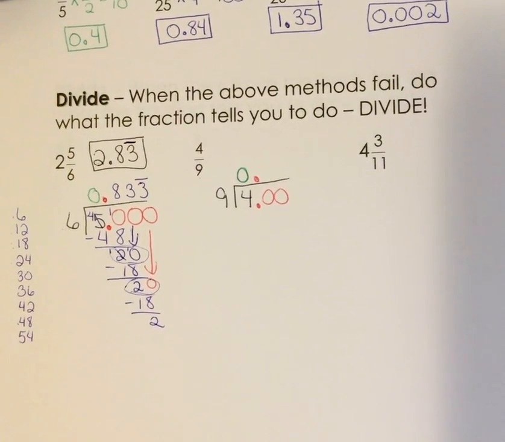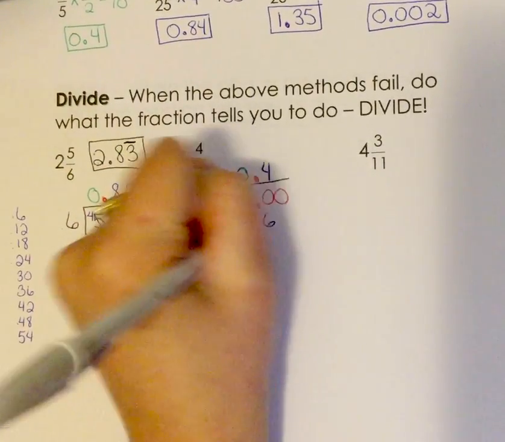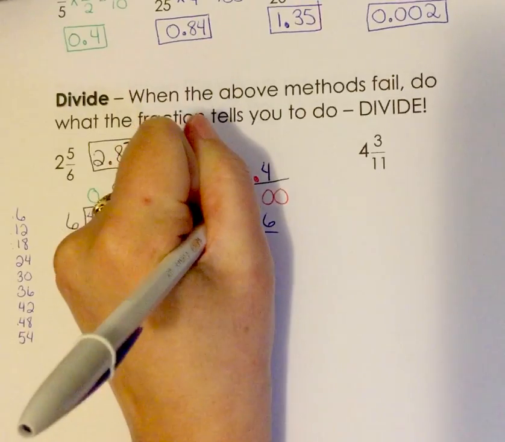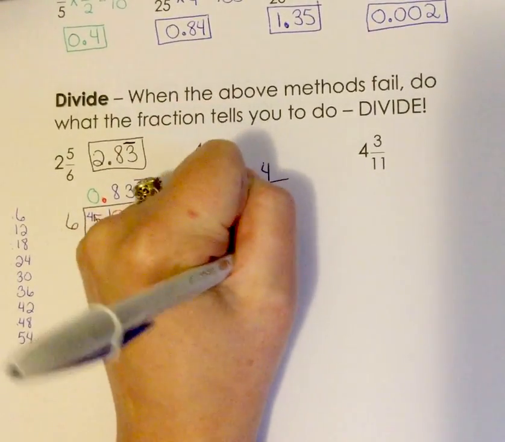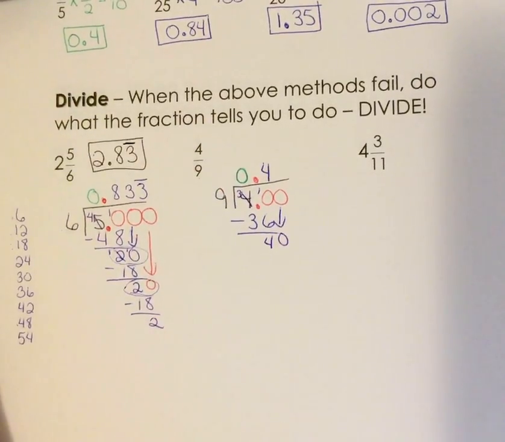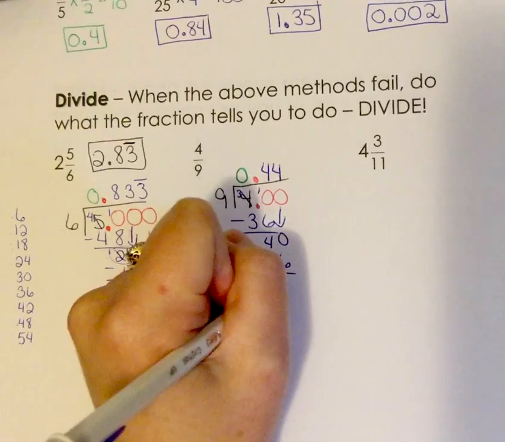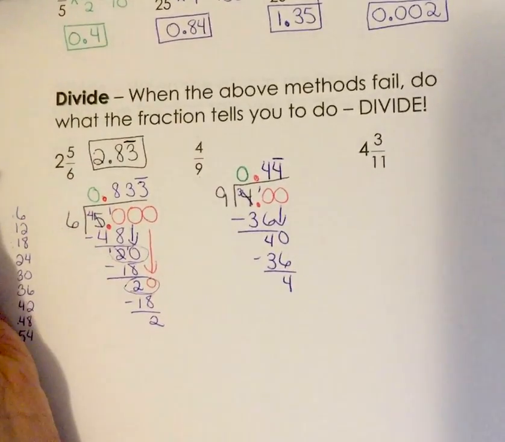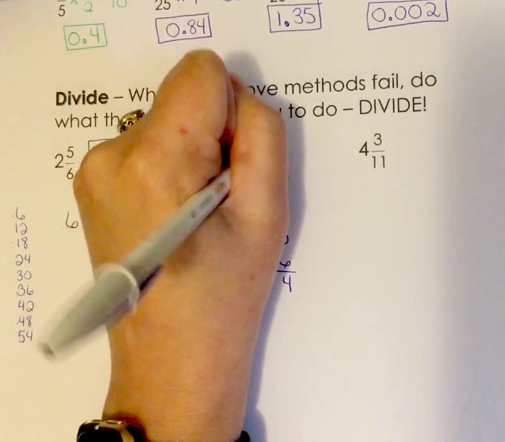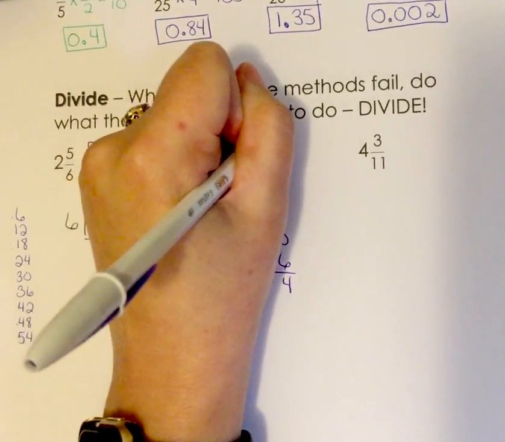Well, 9 times 5 is 45. That's too high. 9 times 4 is 36. So we're going to put a 4 here, 36 underneath, subtract, get a 4 remainder, bring down that annex 0. So now it's 40 again. Well, then that would be 4. So notice how we have another situation where it is repeating that 4. So the way that you would write it is 0 and 4 tenths repeating the 4.